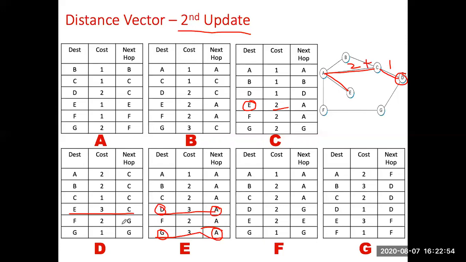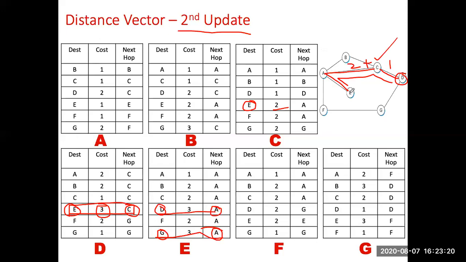So this means now node D can reach E by following this path, and the next hop will be C. We can see that D has added the information: the destination E can be reached at the cost of 3 and the next hop will be C.